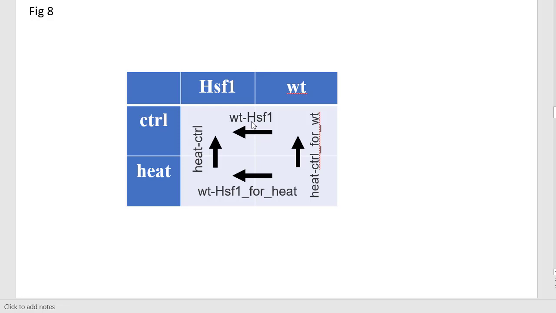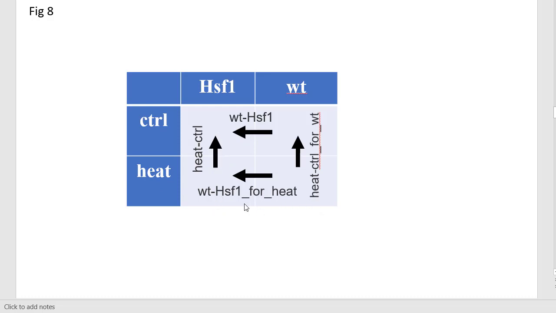So wild type versus HSF1 under control conditions. Since this is baseline, we didn't mention that, so we skip that. Wild type dash HSF1 means the difference in this direction, and the same thing for HSF1, which is the reference level. The response to heat, heat versus control, is in this direction.